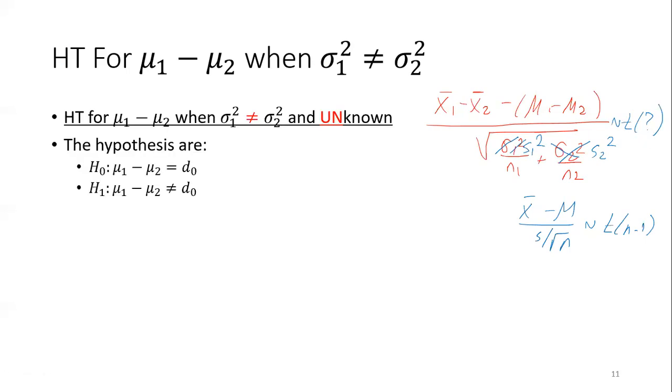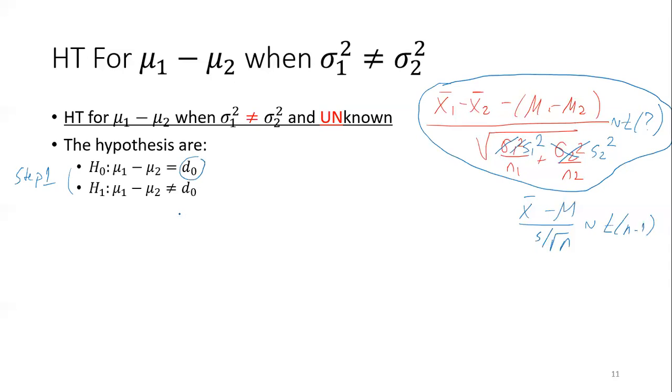Now, this is my test statistic. I will use this test statistic in hypothesis testing and for constructing confidence intervals. So remember, step one: the null hypothesis is mu1 minus mu2 equal to some difference d0.